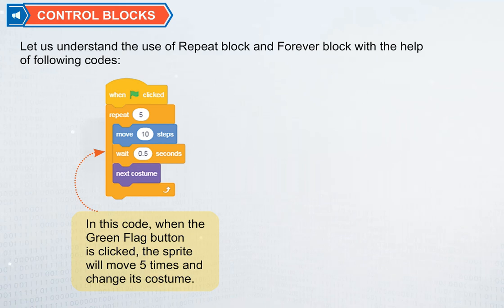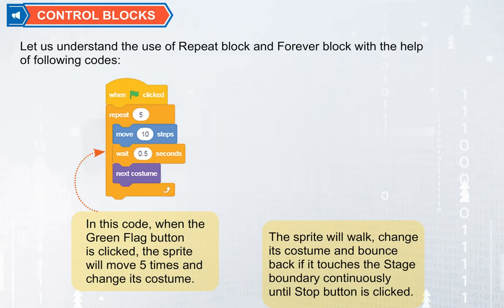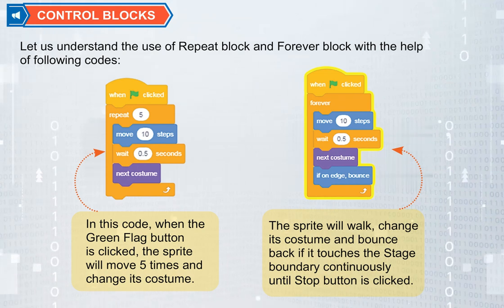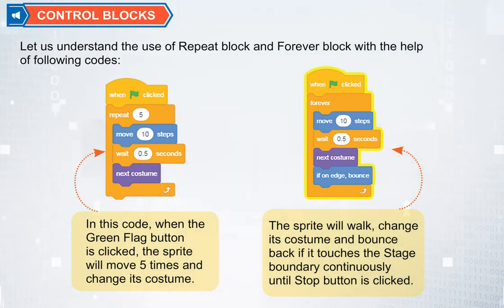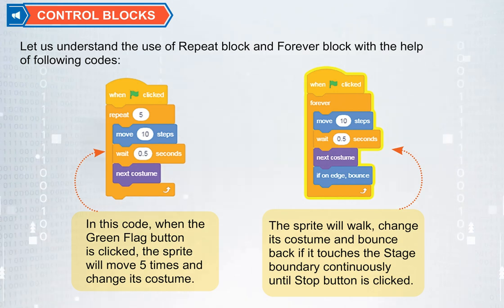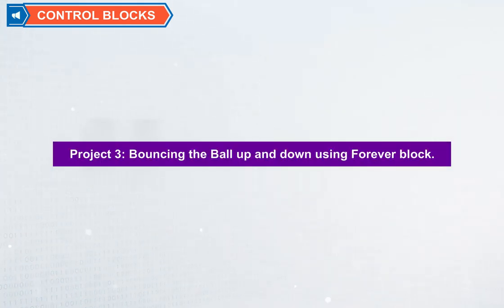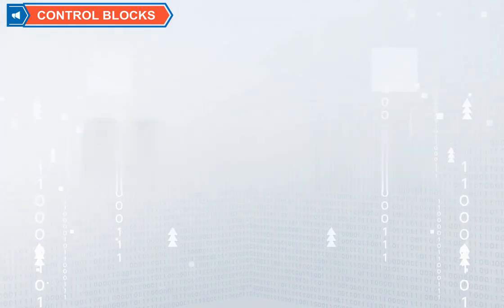In this code, when the green flag button is clicked, the sprite will move 5 times and change its costume. The sprite will walk, change its costume, and bounce back if it touches the stage boundary continuously until stop button is clicked.